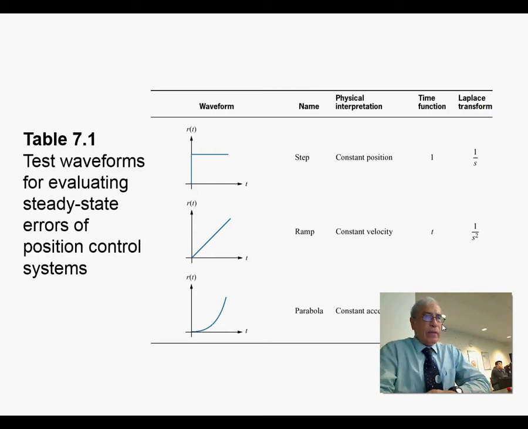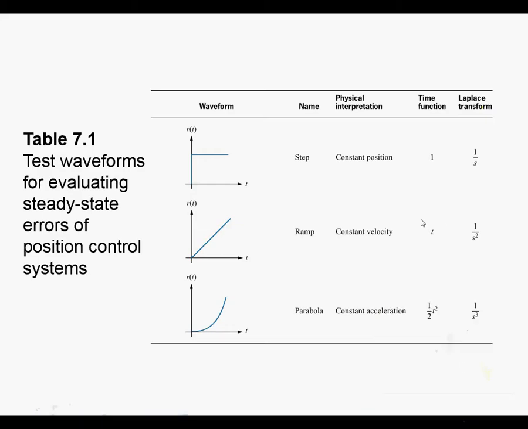So let's take a look at these test signals that you see on the screen here. And what I would like to remind you is what the concept of a transfer function is. A transfer function is always the output of s over the input of s.